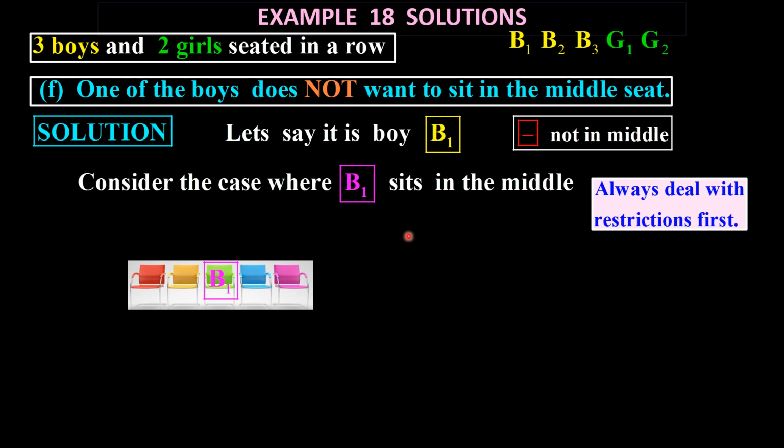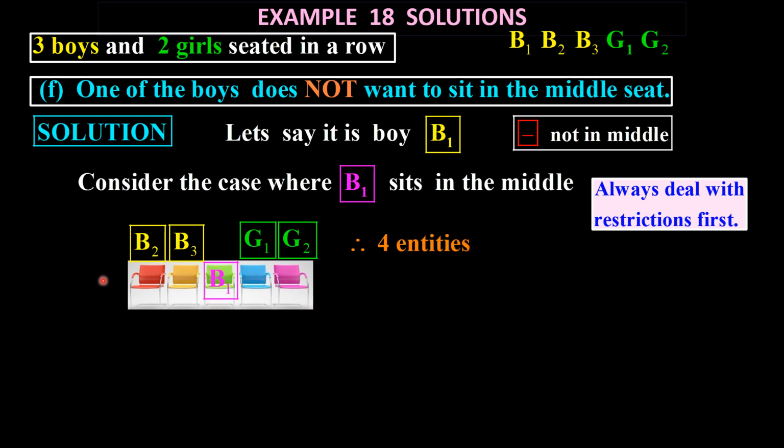That means the other learners, how many of them are still there? 4. So they need to be arranged, right? It's the 2 other boys and the 2 other girls. Okay, so let's just see what we have here.